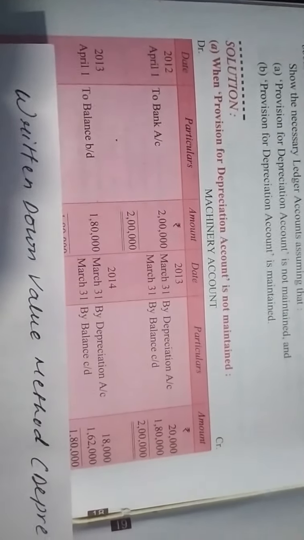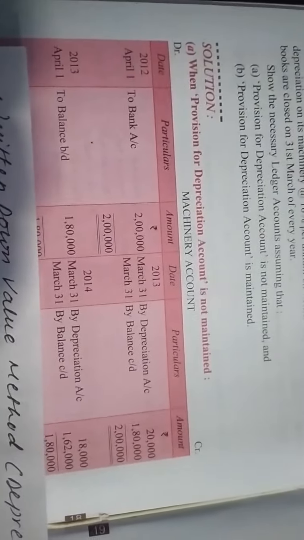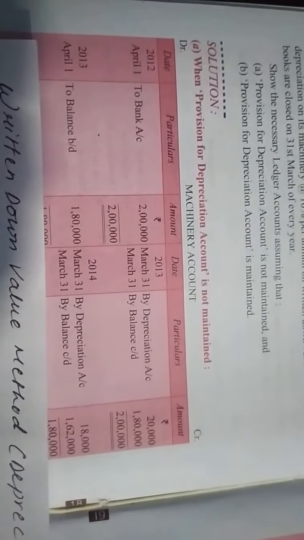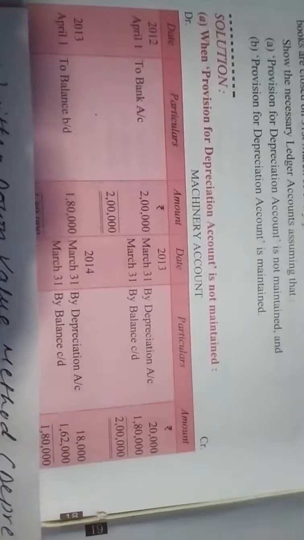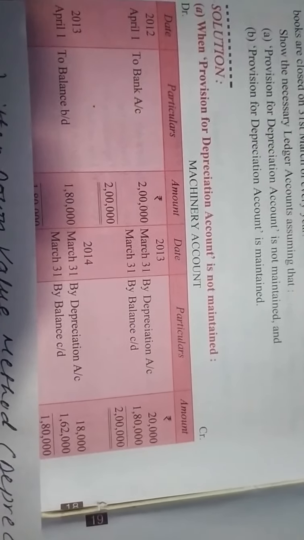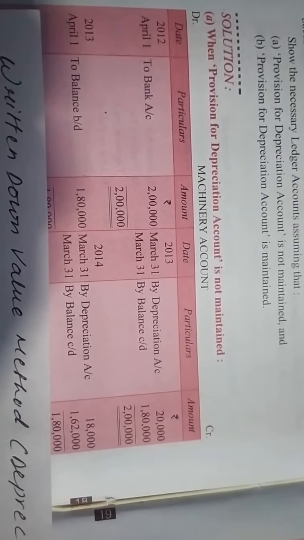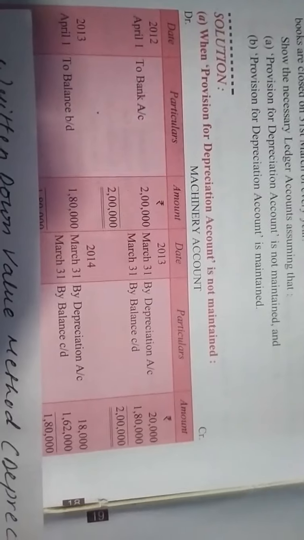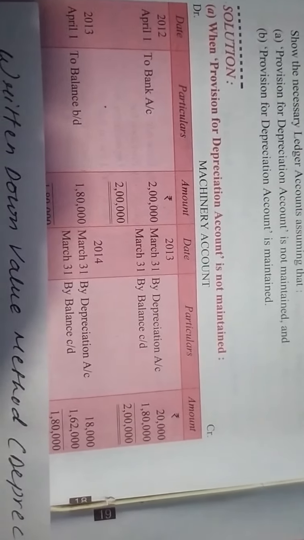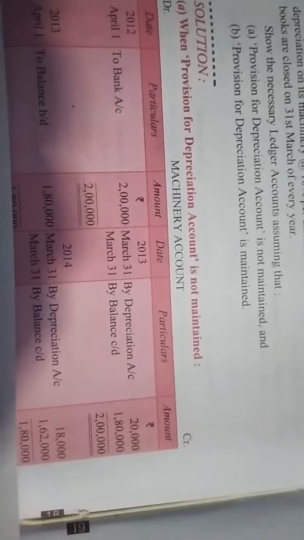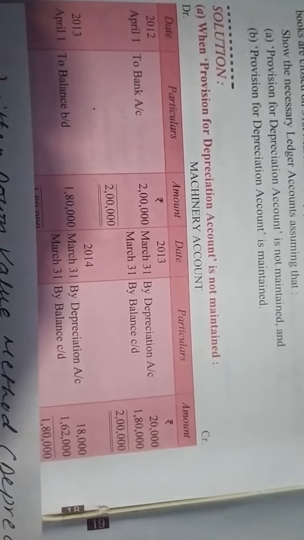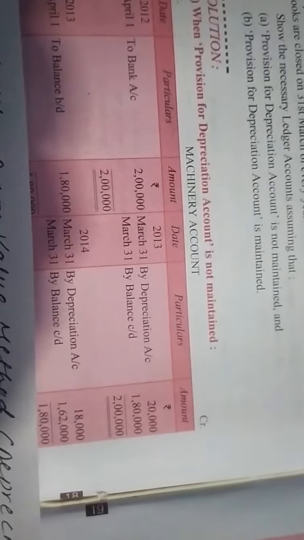In the machinery account, as I have already told you, first of all we have to write on the debit side, by the name of bank, the cost of the machinery purchased, on the basis of the journal entry we pass when we purchase the asset, that is, machinery account debit to bank account.